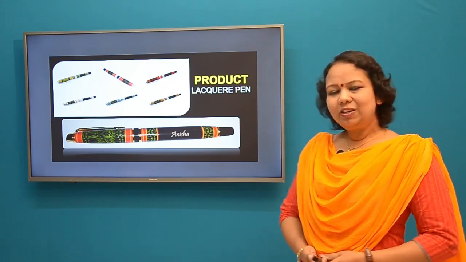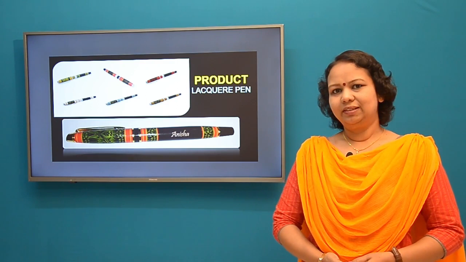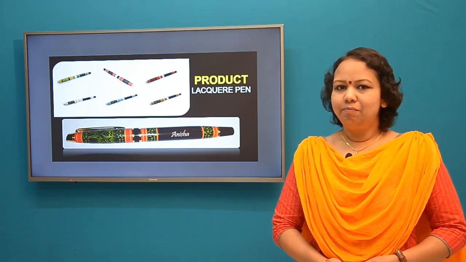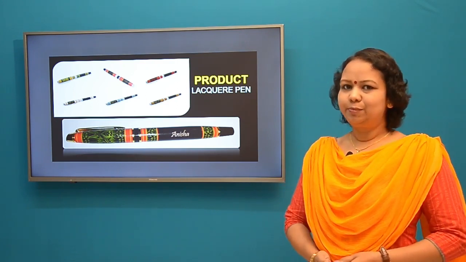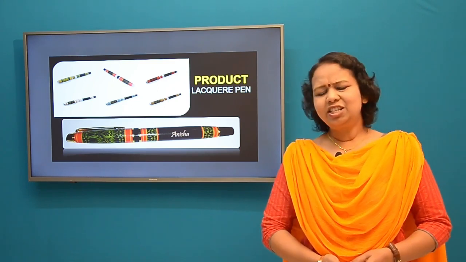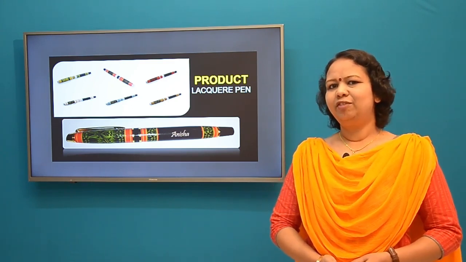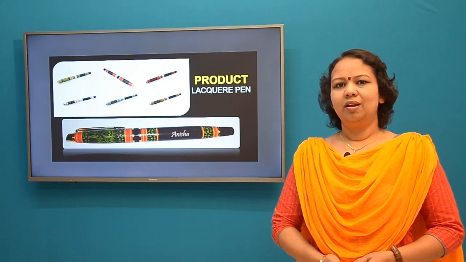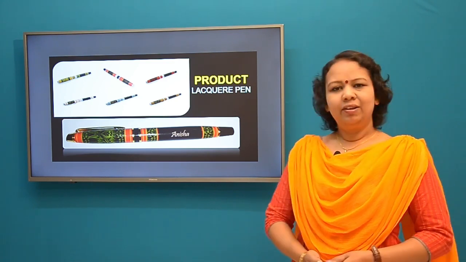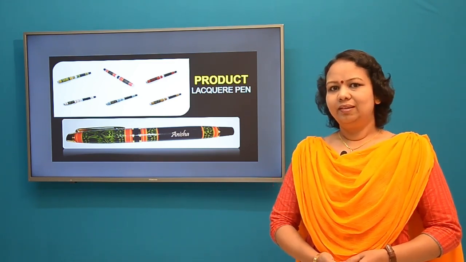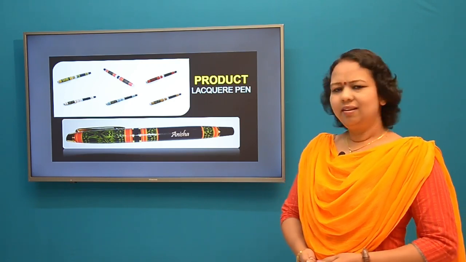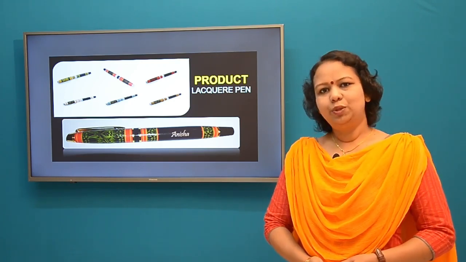Now, the organization MV Lacquer, they are manufacturing and marketing this particular product. The traditional lacquer products are different. There will be vases and bowls, but they have made pens. The reason is, pen is something which everyone loves to have.